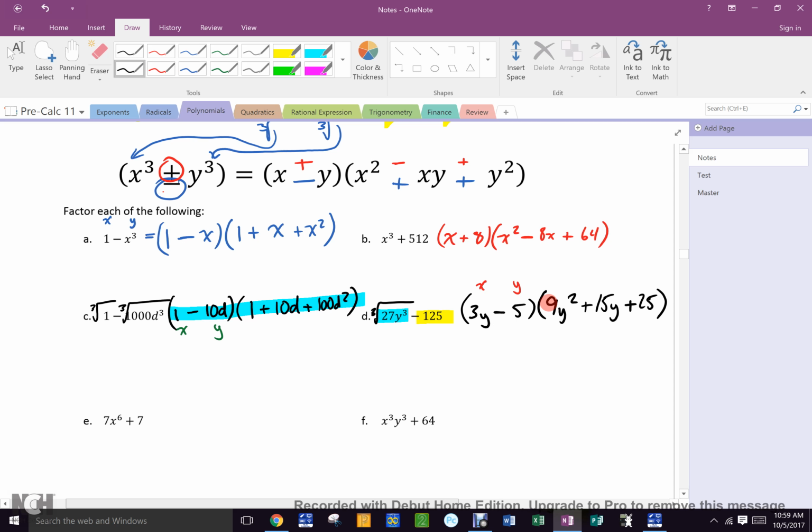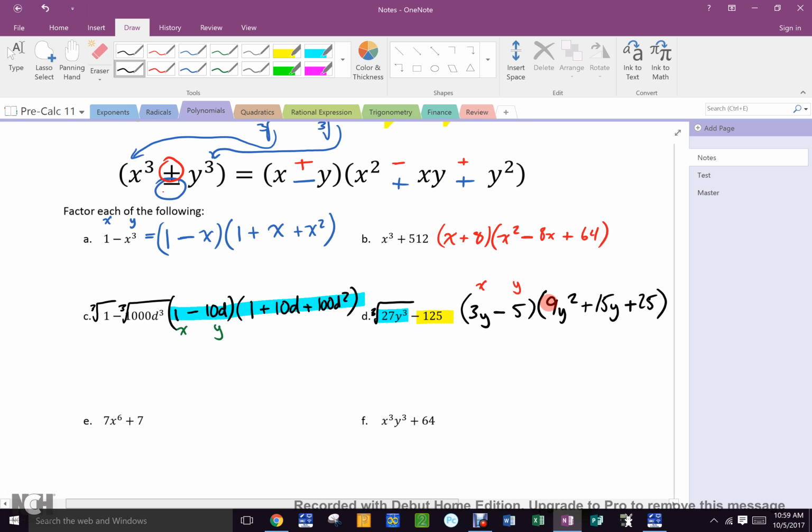Okay. Now, let's look at 6. Does 6 mess with our mind a little? Why? 7 is not a cube root. But we think back to the very first day of factoring in grade 10.